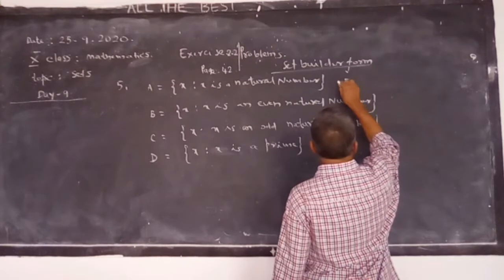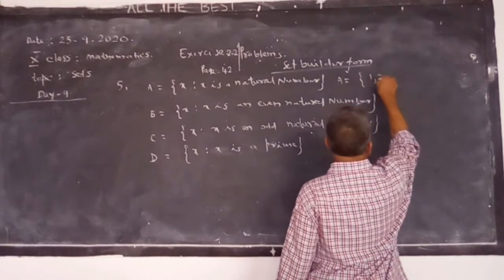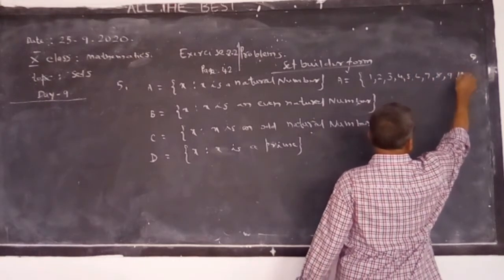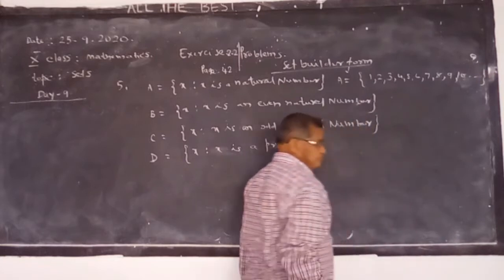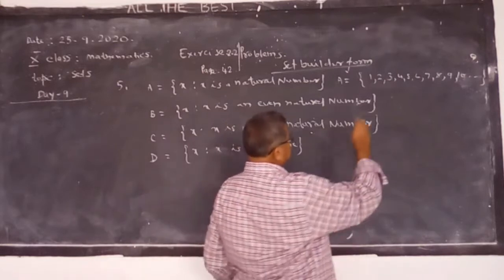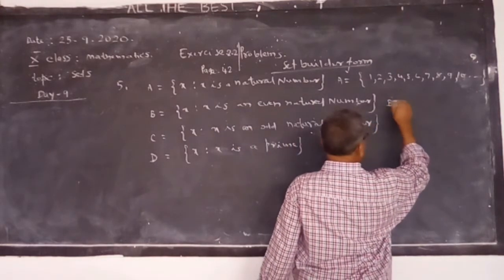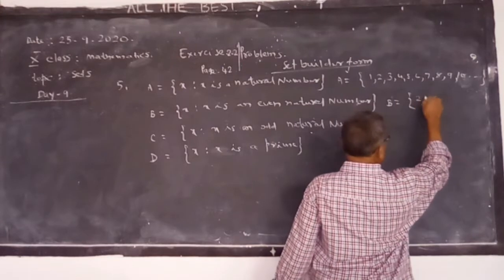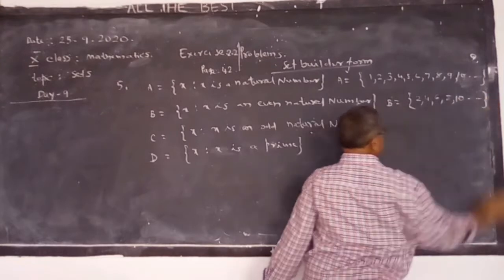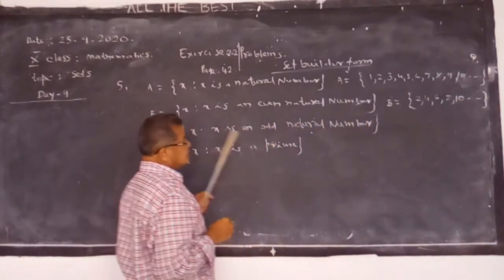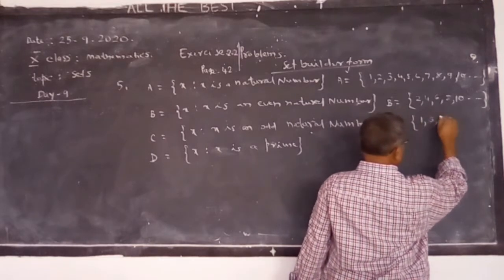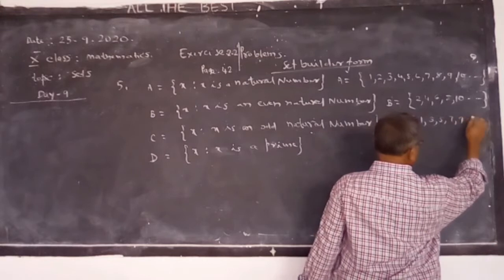If you want to write them in roster form, for easy understanding: set A is 1, 2, 3, 4, 5, 6, 7, 8, 9, 10, and so on, no end. Set B, even natural numbers, is 2, 4, 6, 8, 10, and so on. You are taking up to 10 only. Set C is 1, 3, 5, 7, 9, and so on.